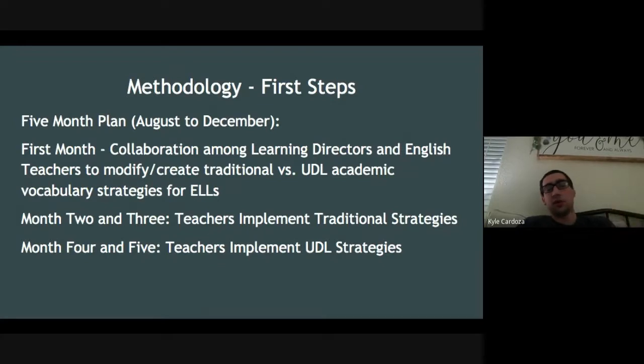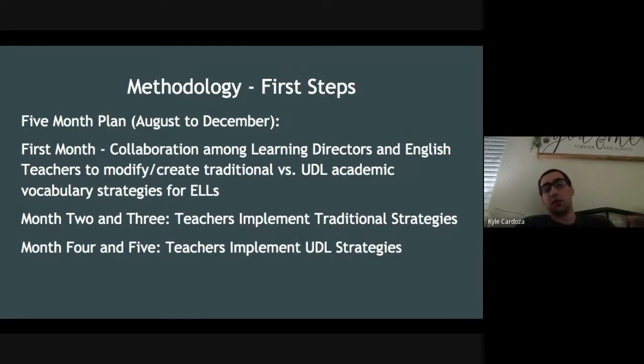So in August, during that first month, I want to have a collaboration among learning directors and English teachers who are going to participate to decide as a group what strategies can we use that are considered traditional, or stuff that we've already used before?